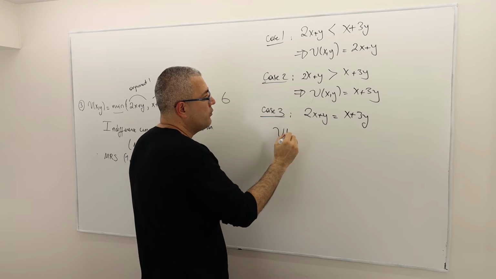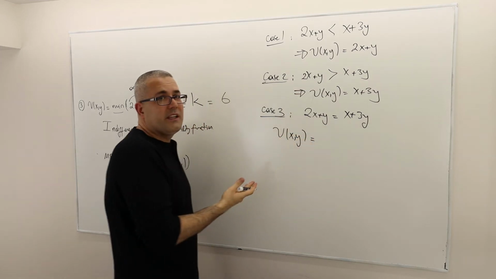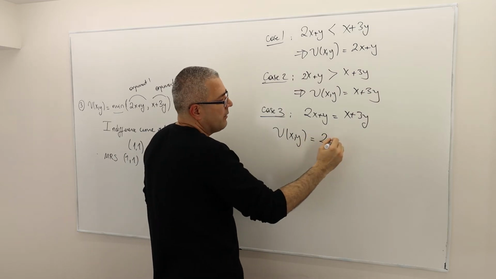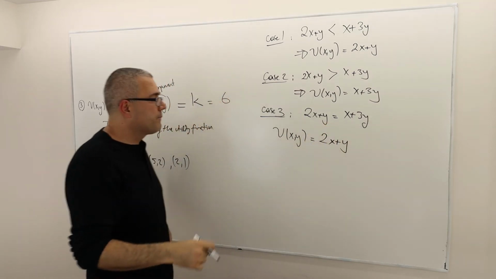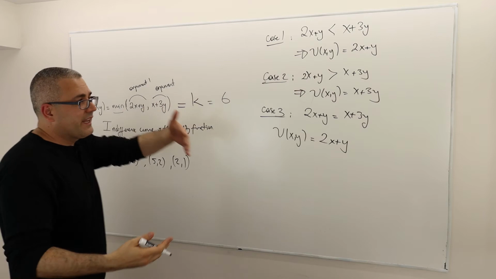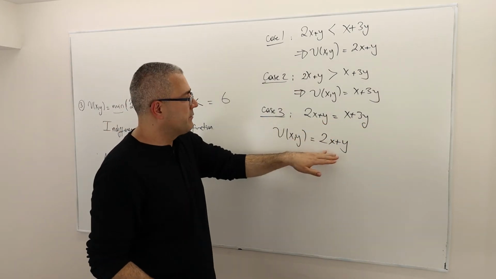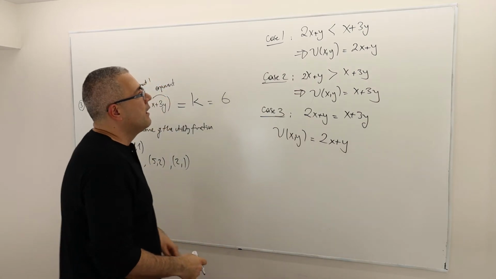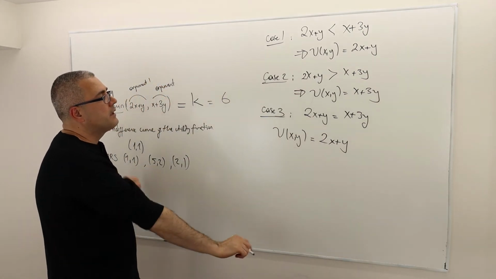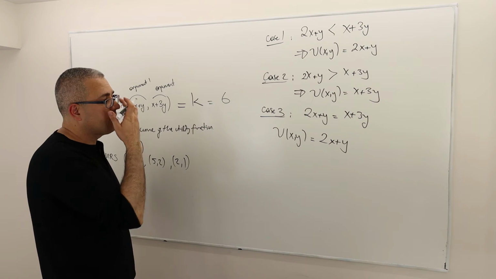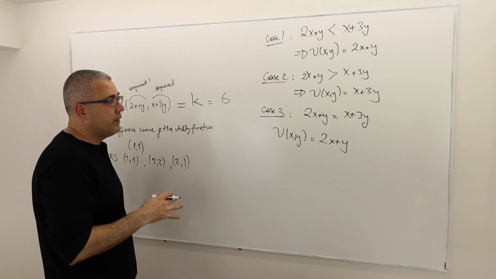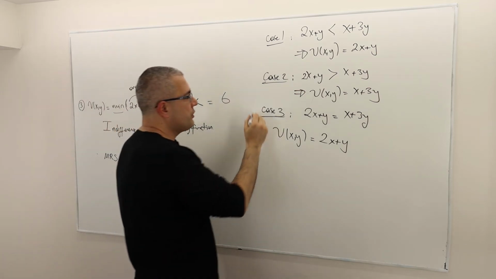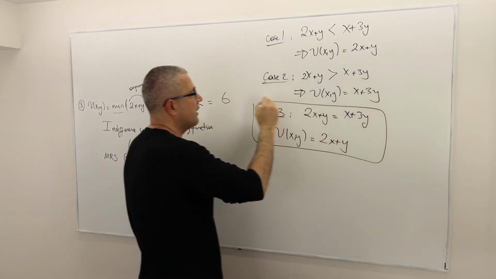What is my utility function here? It really doesn't matter, because the first and the second are exactly the same. So I'm going to use the first one. Because they're equal, it doesn't matter whether you write x plus 3y or 2x plus y here. If it is a min type of function, you usually start with the third case.